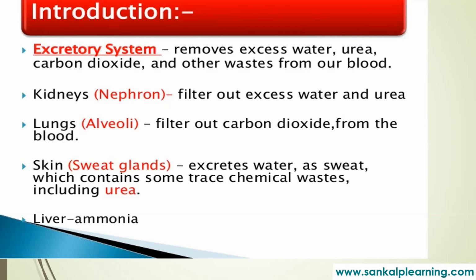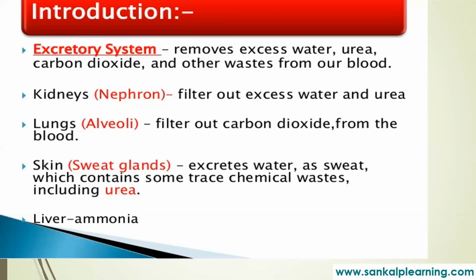Then we have the other excretory part called the lungs. You might be shocked, like how can lungs excrete? Indirectly, it is involved in sending out carbon dioxide, which is waste in our body and is not useful. The next one is skin, in the form of sweat glands.